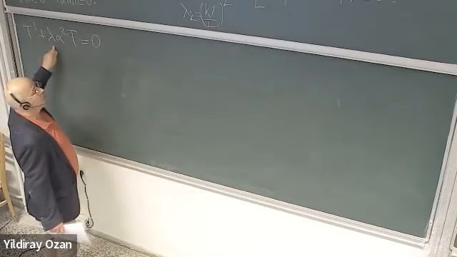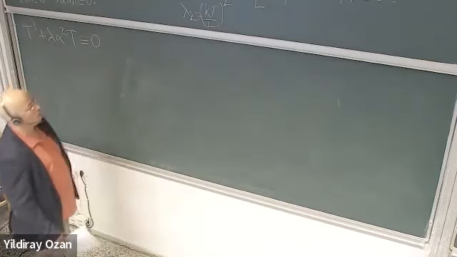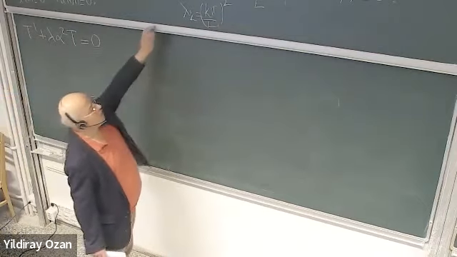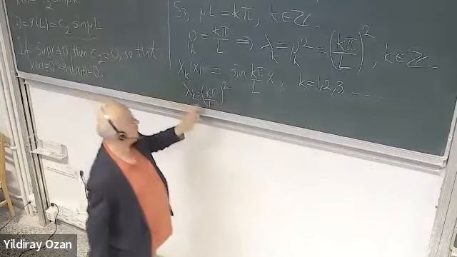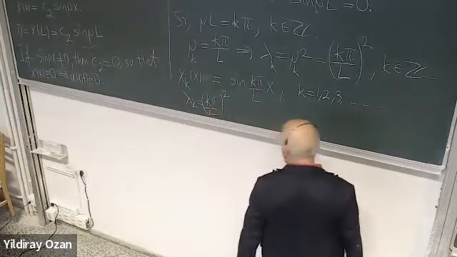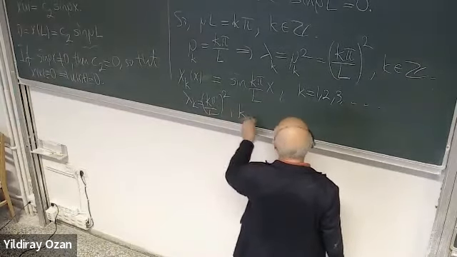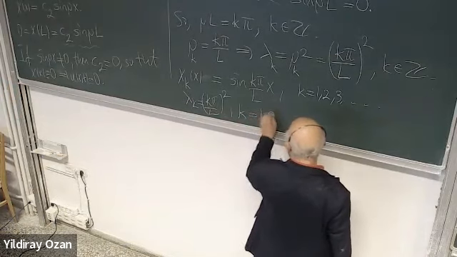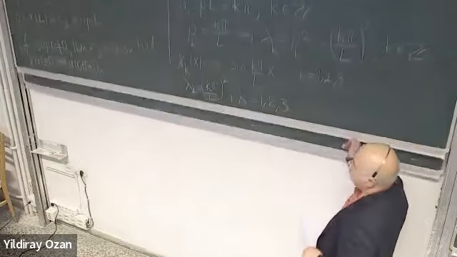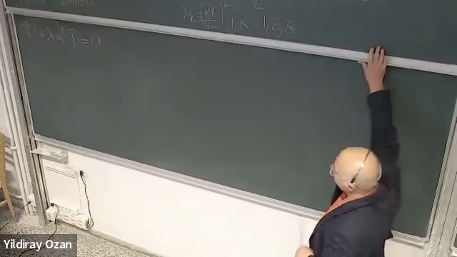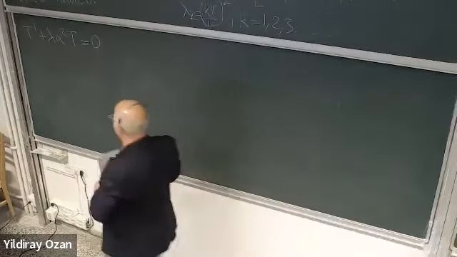Lambda was an arbitrary constant at first, but now we have seen that lambda cannot be an arbitrary constant. Lambda is just k pi over L squared, and k is 1, 2, 3, and so on. Now for this lambda case, I will solve this equation.